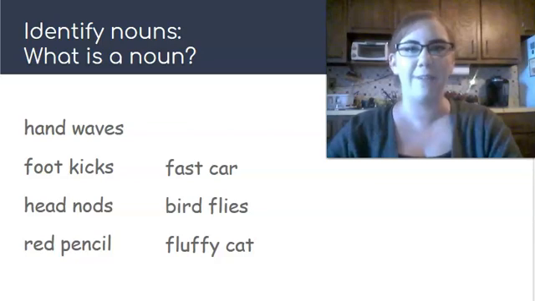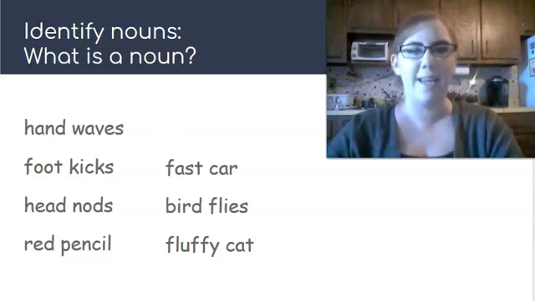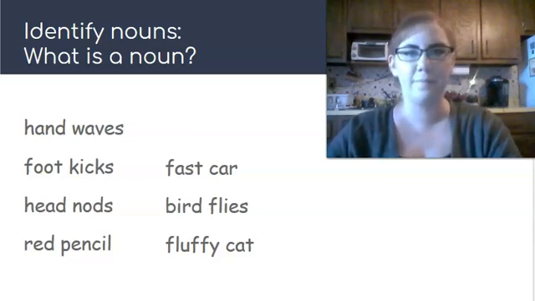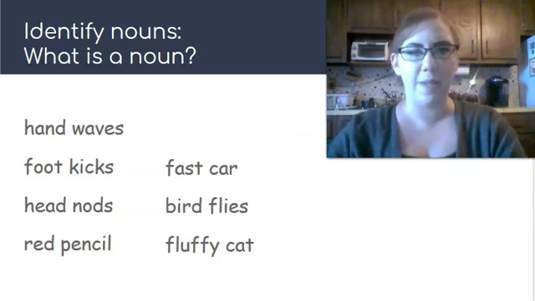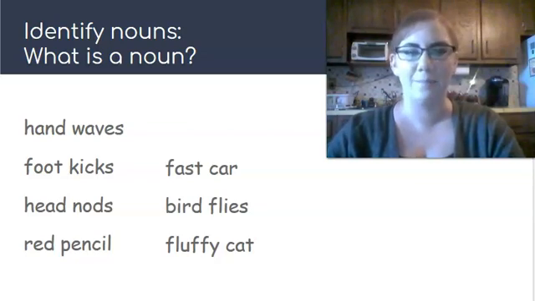Next, we're going to talk about nouns. What is a noun? So far, we've learned that a noun is a word that names a person, like a kid or a teacher. But a noun can also be a word that names a thing.